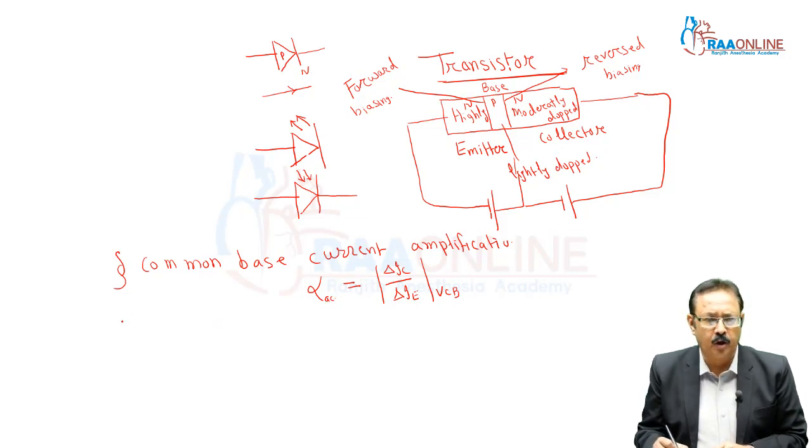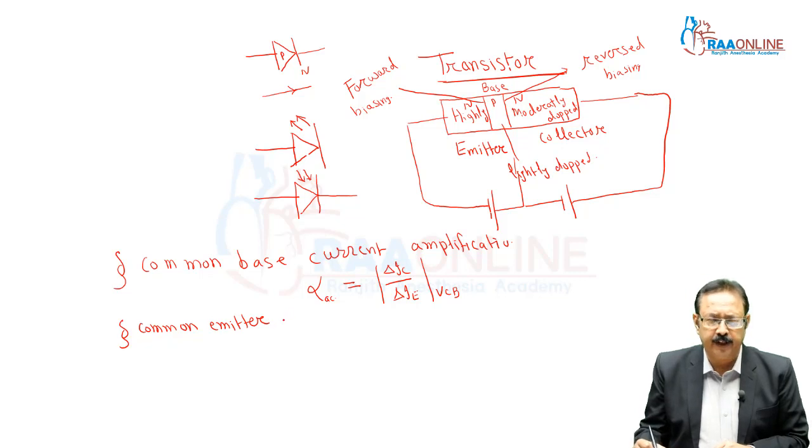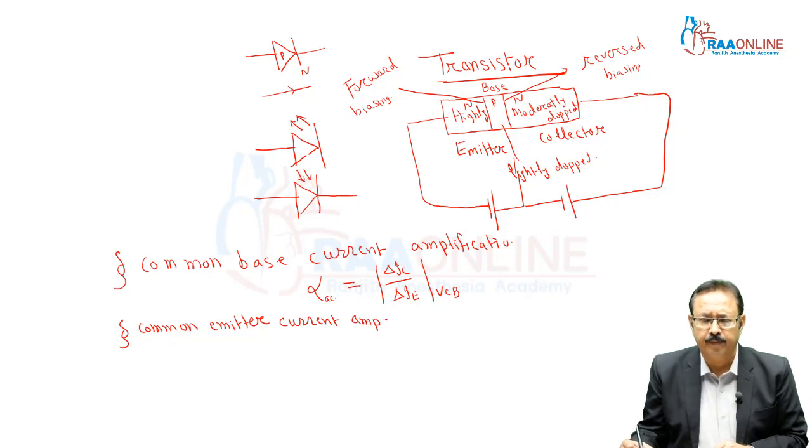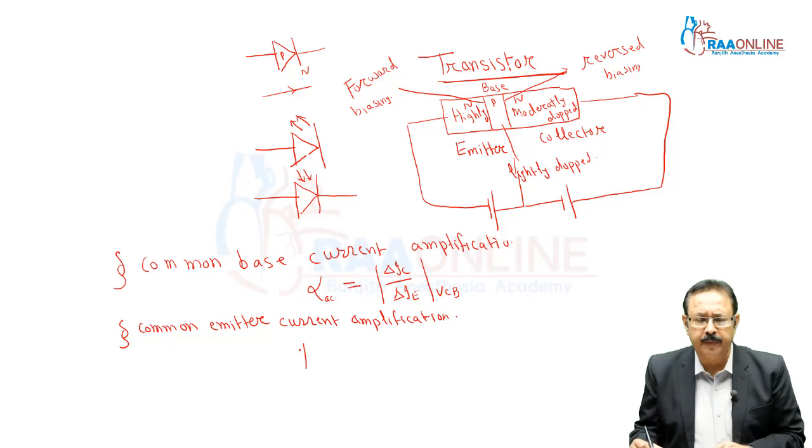Next one is common emitter. I will give you one short trick, no need to learn each and everything. Common emitter current amplification is denoted by beta.